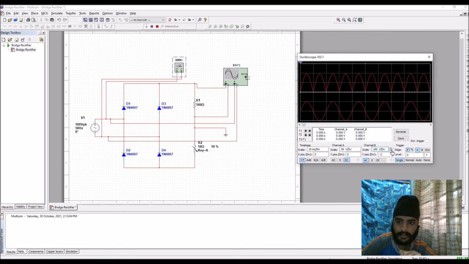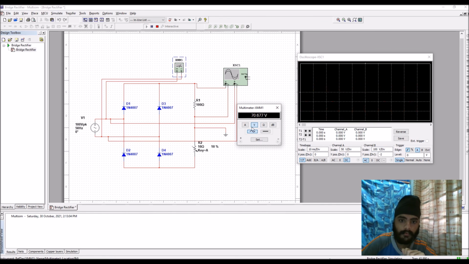Here we can set the scale to be bigger or smaller according to your preference, and the Y position division. As per the multimeter, to measure the exact value of it, we have got the VAC connected to the voltage source. So here is 70.676 volt.